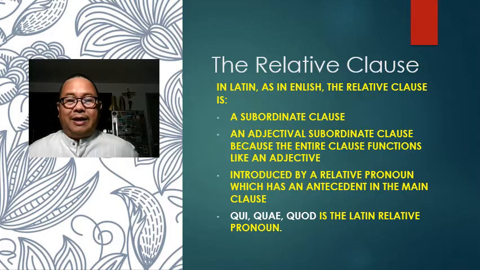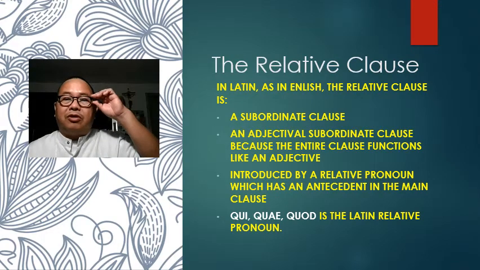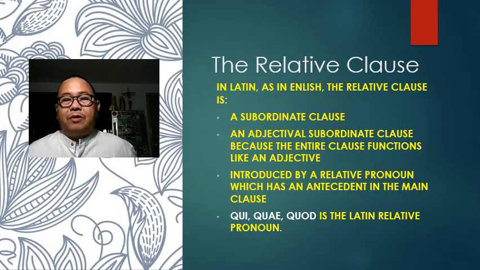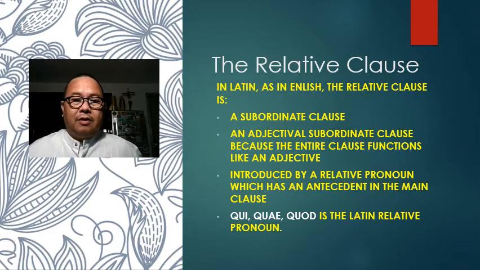The declension, the complete declension, masculine, feminine, neuter, singular, and plural, is in your grammar books. So it is your responsibility to know where to find it so that you know how to use it.